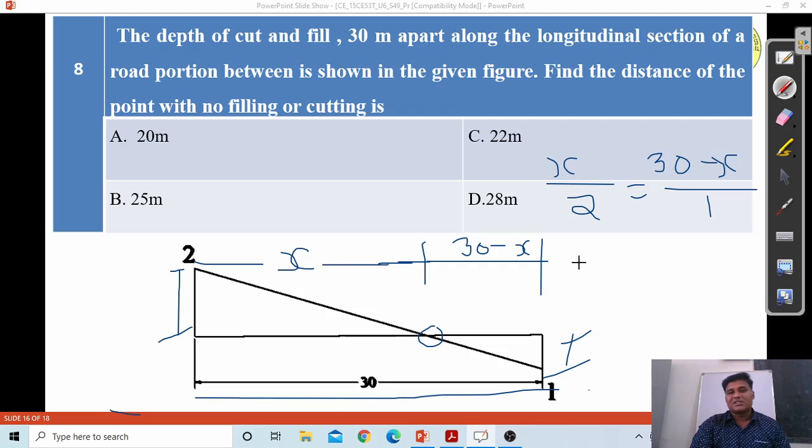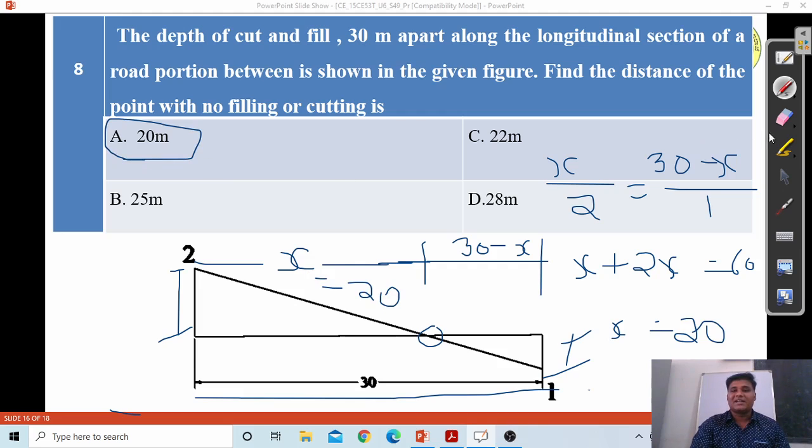So X plus 2X is equal to 60. So X is equal to 20. 20 meter is the point where there is no cutting and filling. So option A is the right answer.